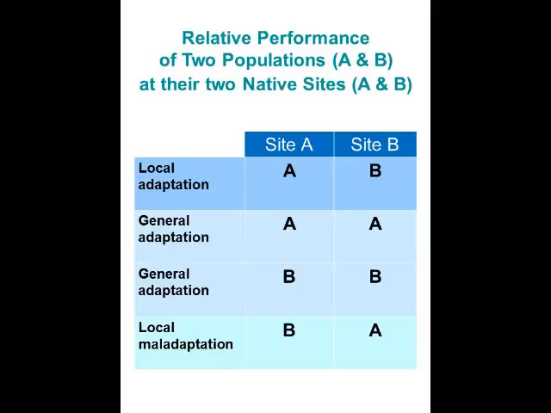Now, general adaptation is a little bit different. And there are two ways it could occur in this simple example. So you see two rows that say general adaptation.